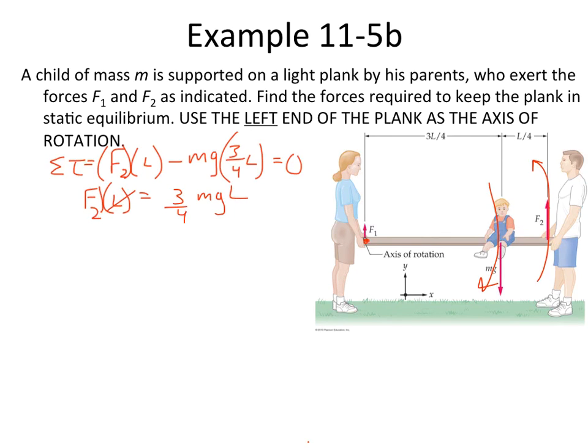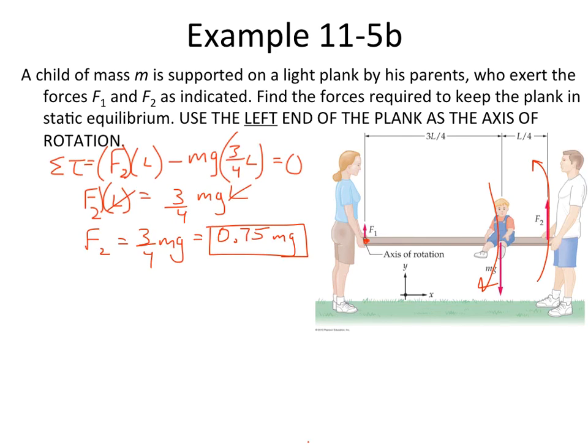The L's cancel out. And so our force 2 is simply going to be 3/4 mg, which, as in our previous problem, was 0.75 mg. Okay? Still true. I think you can see where this is going. We're going to find that the force 1 is going to be the same as it was previously. But let's just go ahead and prove it.